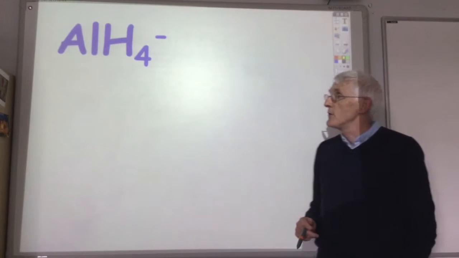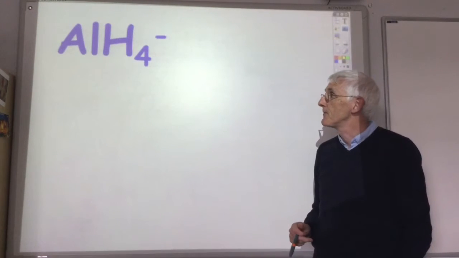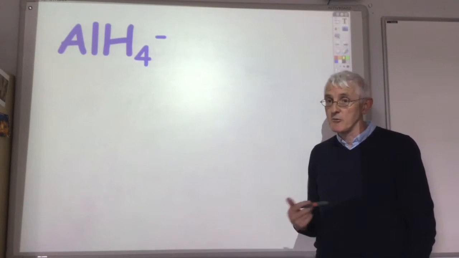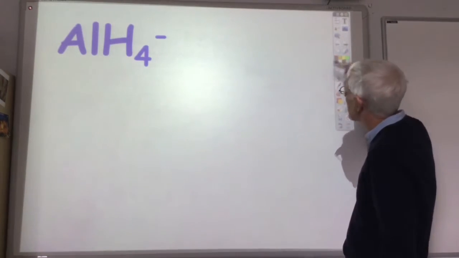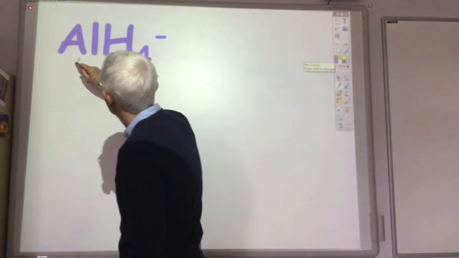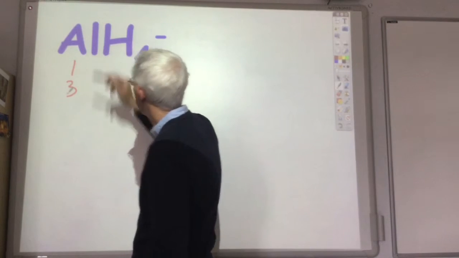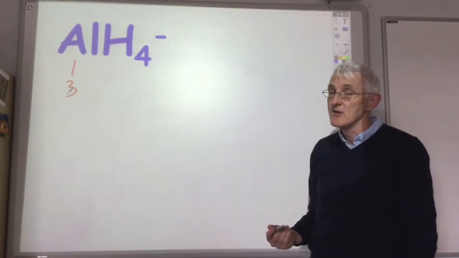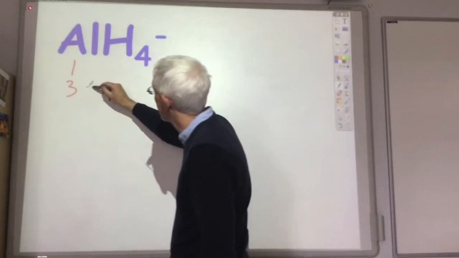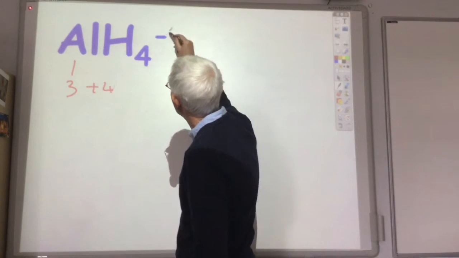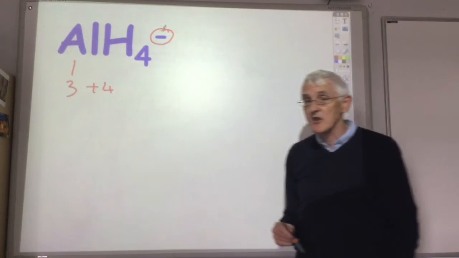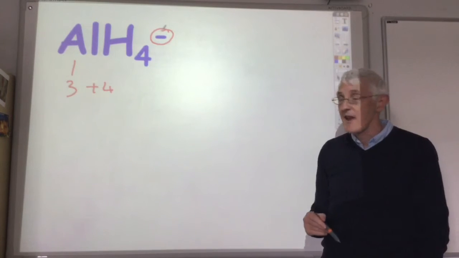Okay, here's another example. It's aluminium hydride. Aluminium is in group 3, so it donates 3 electrons. It forms 4 bonds with hydrogen, so that's another 4 electrons. And then because the overall thing has got a negative charge, it must have another electron.